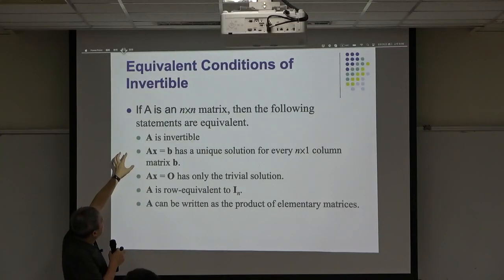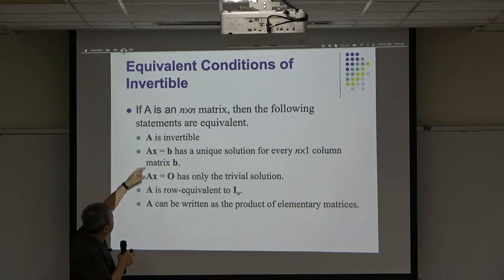So first we know A is invertible. Can we obtain the second one from the first one?